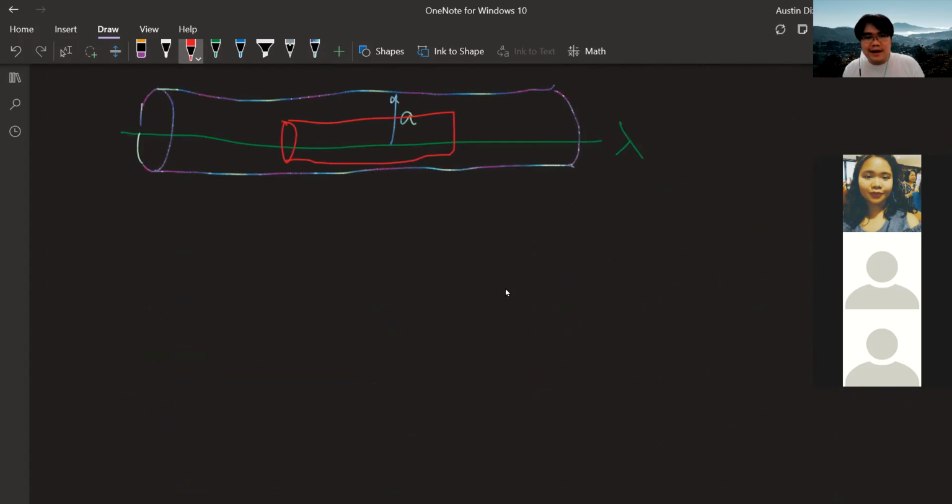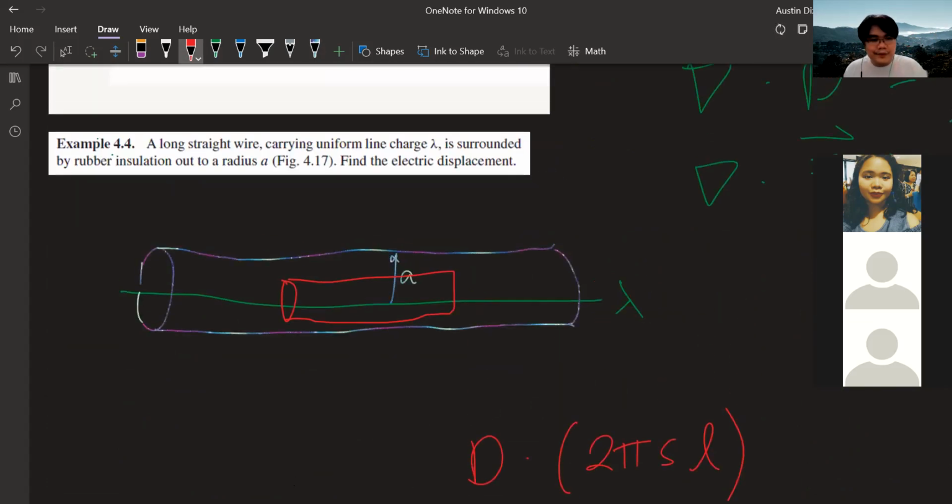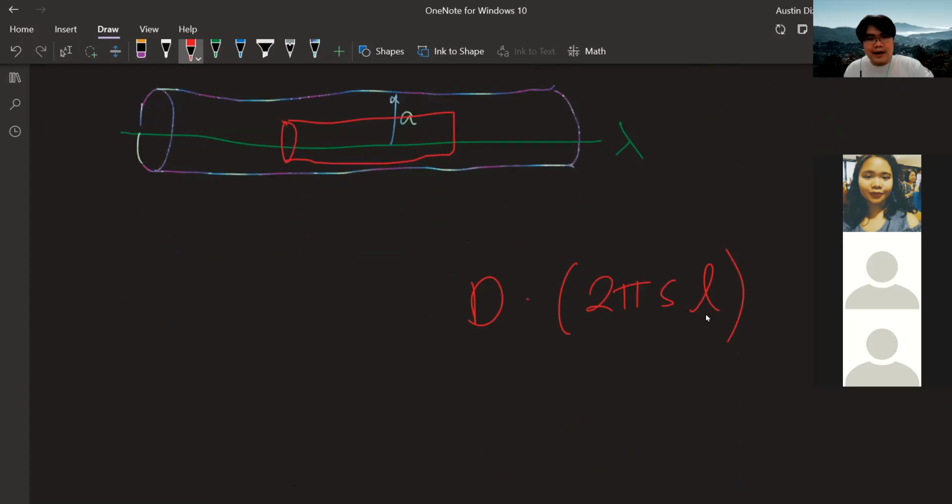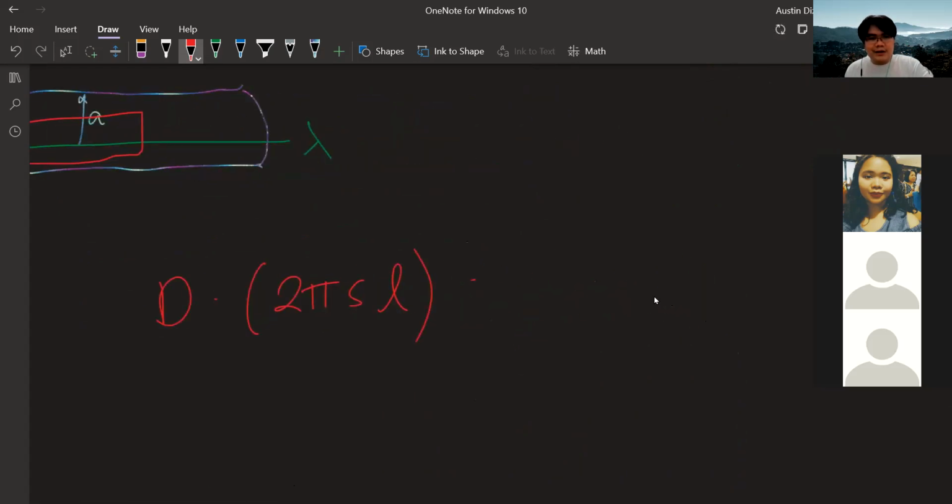So D dotted with 2 pi s L, times the length kasi ayun yung cylindrical surface mo. Okay, and then I can write down yung charge enclosed ko, Q F enclosed, the line charge times the length. Okay? Fairly simple.